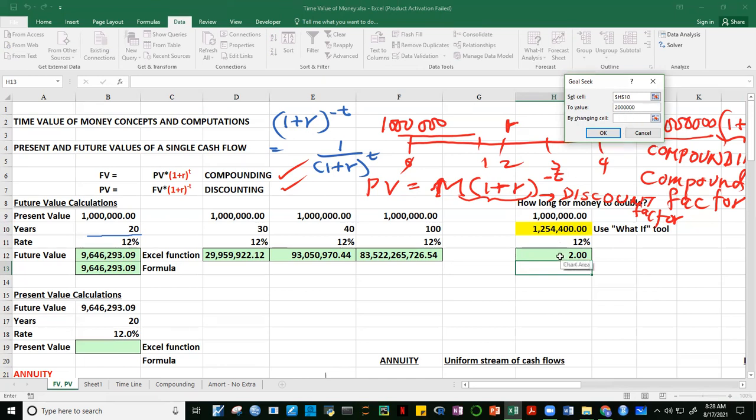By changing the number of years. Yun ba? Okay? There. 2 million siya, and it will take 6.12 years, guys. Around 6.12 years for the money to double at 12% interest. Okay, questions, guys? Clear ba yun?